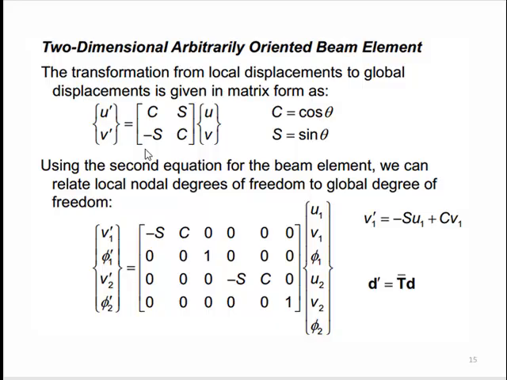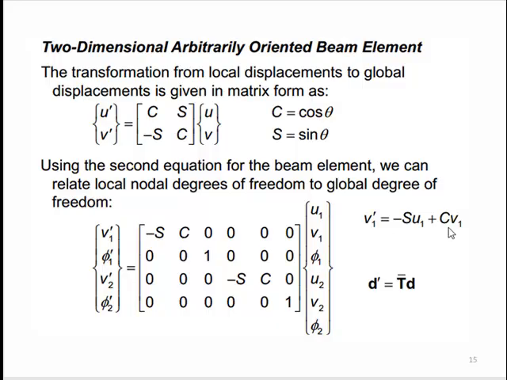In the bar elements, we had only axial displacement, so we made use of the first relationship, u prime is equal to cu plus sv. In this case, we have transverse displacement, so we make use of the relationship for v prime. So v prime is equal to minus su plus cv, where c is cos theta and s is sin theta. Using the second equation for the beam element, we can relate the local nodal degrees of freedom to the global degrees of freedom.